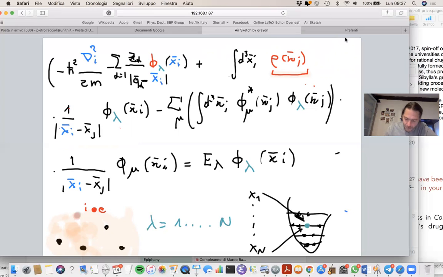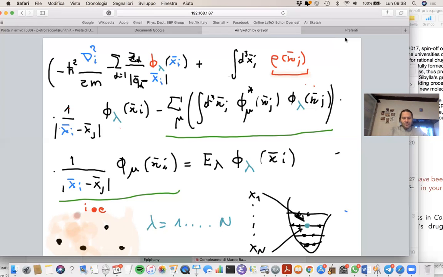So if I momentarily close my eyes to this mysterious second term here, which I will need to comment upon in a moment, the Schrödinger equation for a single particle, called the Hartree equation, would be quite meaningful.